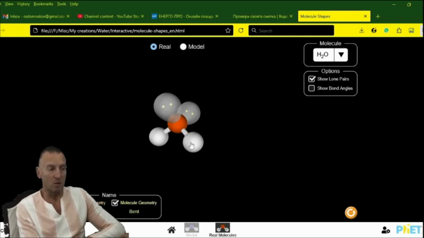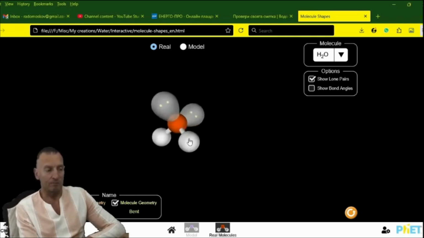And these are the electron clouds of the lone pairs that are not bonded. You see what's happening now. And because of that, the molecule is bent, because these electron clouds are actually pushing these bonds downwards.